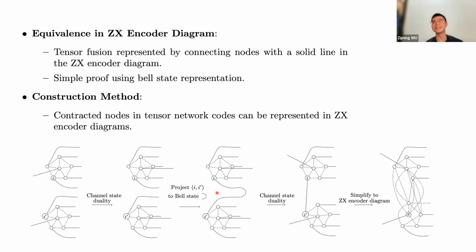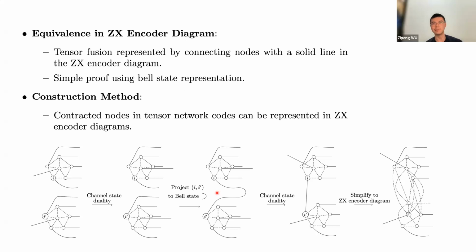I just know that the encoder will be a valid encoder as long as the adjacency matrix between the input node and the output node is full rank. It means that we cannot encode two different states into the same logical state.